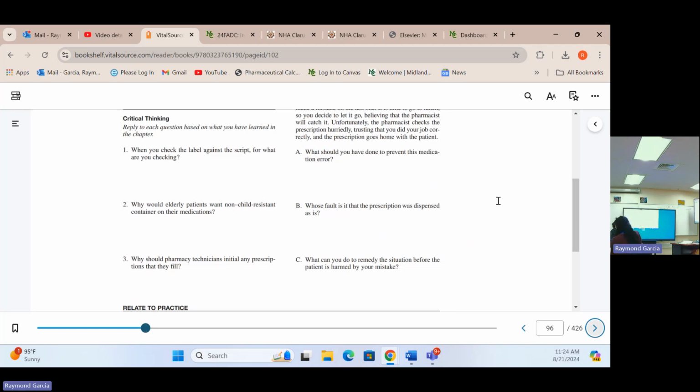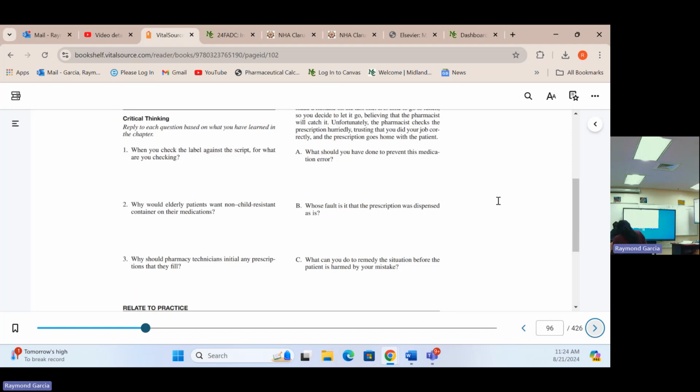Yeah, we check the name of the drug, strength and dose. We want to make sure the dosage form is correct, so say we have a cap, make sure that the dosage form coincides with the patient's route of administration. So if they need to inhale the product, make sure it says inhale.